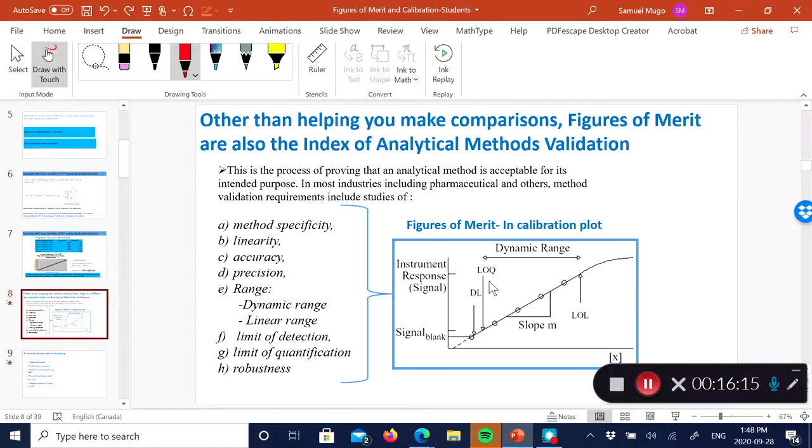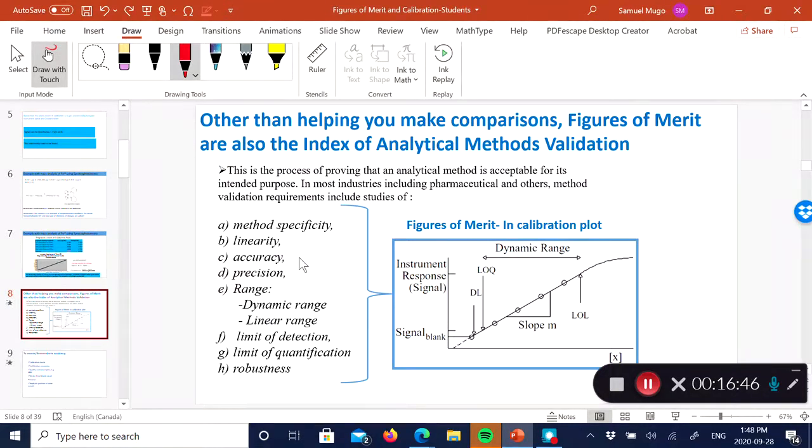So let me just define them very, very quickly. Method specificity refers to how selective your method is. Linearity refers to whether the signal is increasing linearly with concentration, and by how much. So how wide is the range that you can go as far as the concentration is concerned to still get a linear signal response.